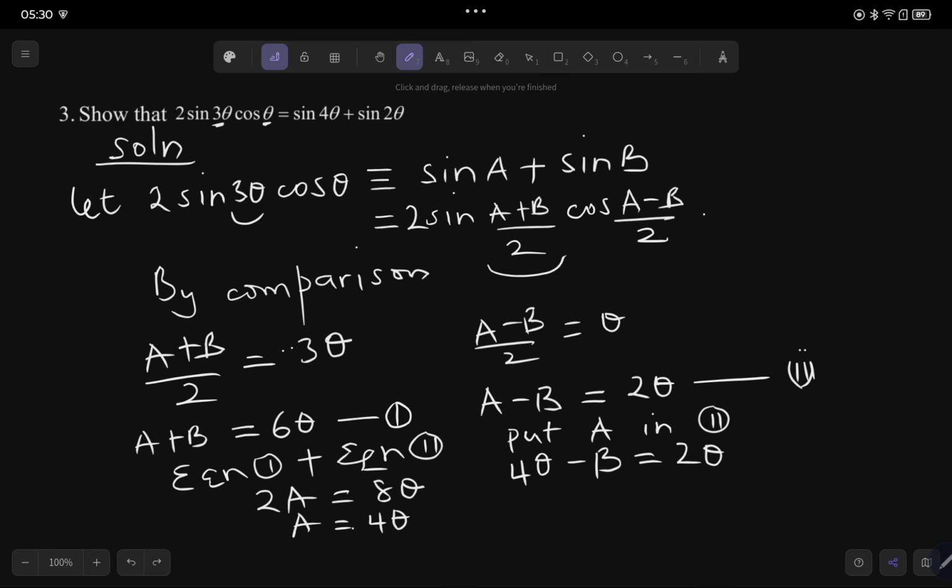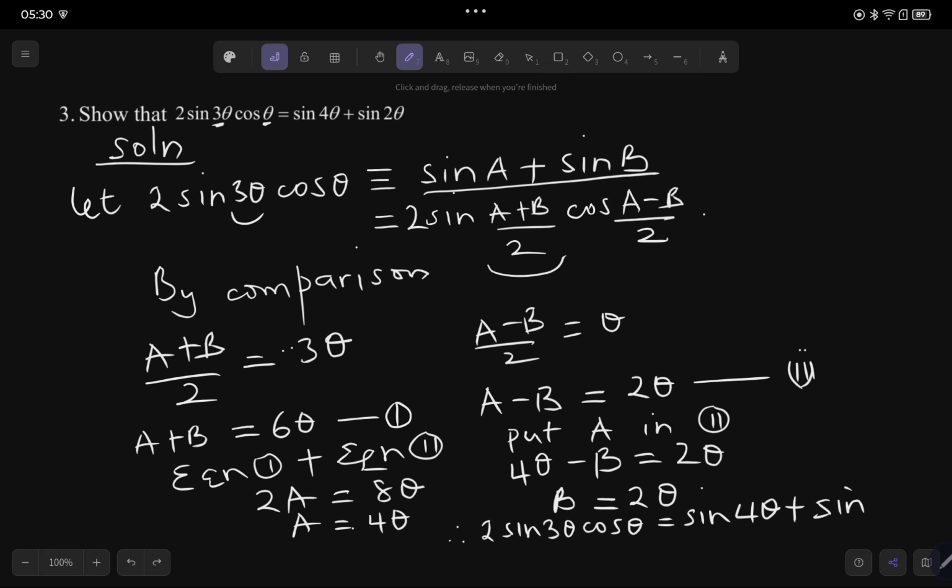Then we rearrange and we discover that B is 4 theta minus 2 theta, which is 2 theta. So therefore, what we have there as 2 sine 3 theta cos theta is the same as sine A plus sine B. We are now putting them back here. Sine A, now A is 4 theta, sine 4 theta plus sine B, and our B is 2 theta as required.